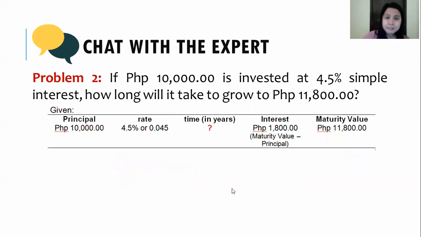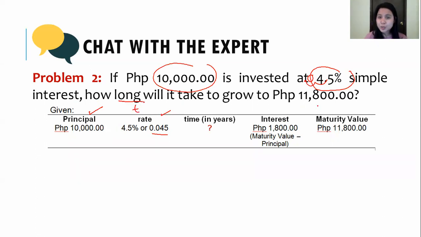Now, if 10,000, that is our principal, is invested at 4.5% simple interest, you need to write 4.5% in a decimal. So move it 2 decimal places to the left. 1, 2. That will be 0.045. How long? We're looking for the time.